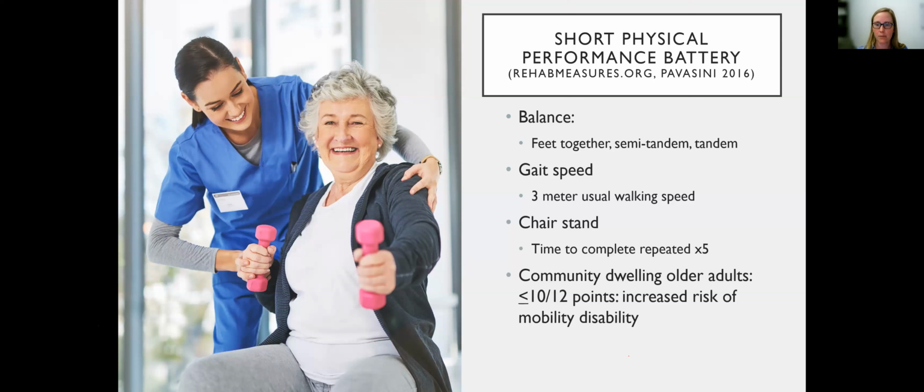And if you pull all of those together and do the rating with that, you can get a total of 12 points. And they've identified that if you get a score of 10 or less, this can increase the risk of mobility disability. And so it can help identify those people who are more at risk.